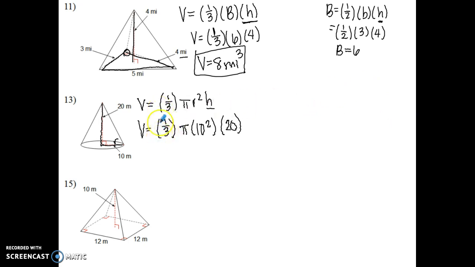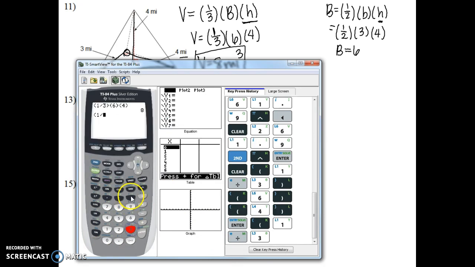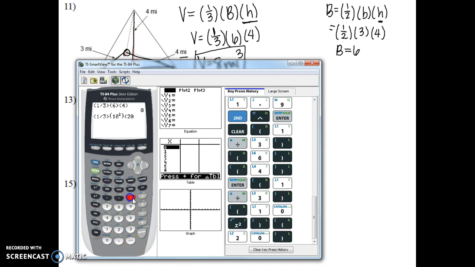If we are leaving pi in our answer, I would multiply 1/3 times 10 squared times 20. So we will say 1/3 multiplied by 10 squared, our radius squared, and then multiply by the height of our cone, so that'd be 20.